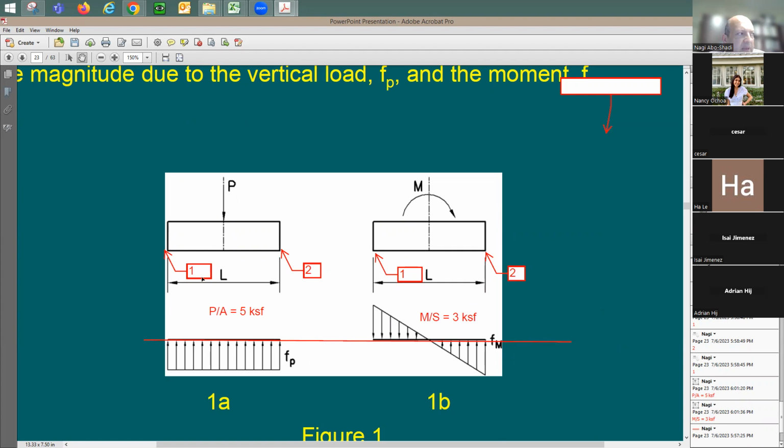At point number 1, the final stress, I put it right here, which is the stress here, adding the stress coming from this side. Stress at point number 1, q equals 5 plus 3, 8 KSF.